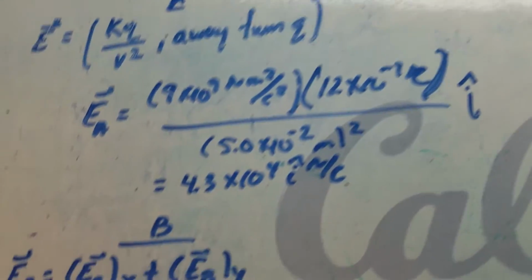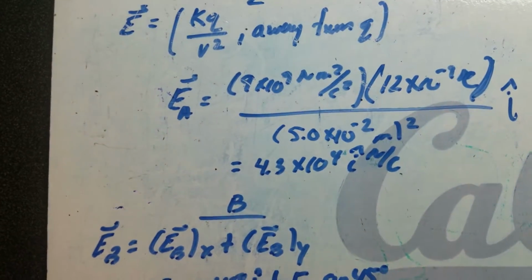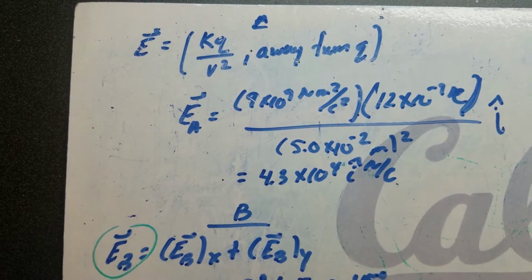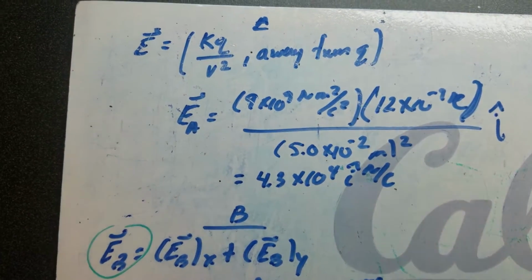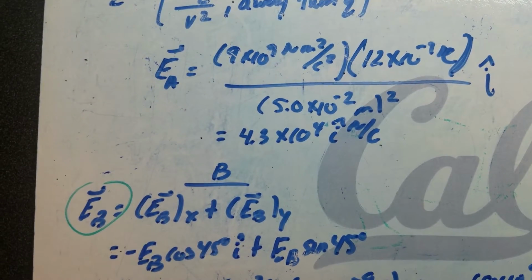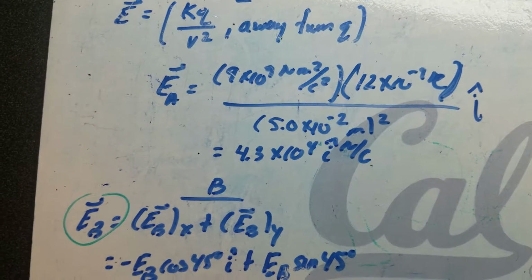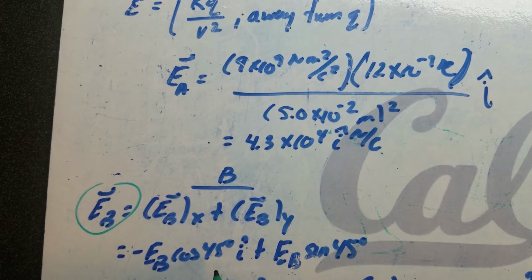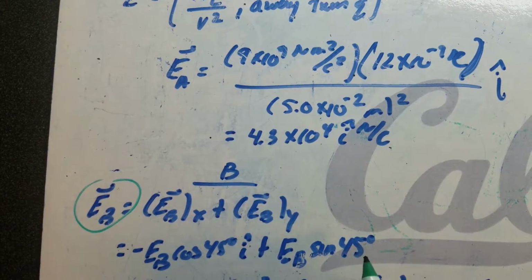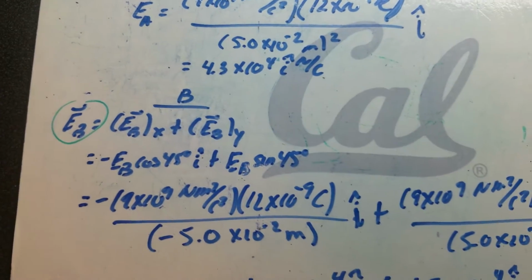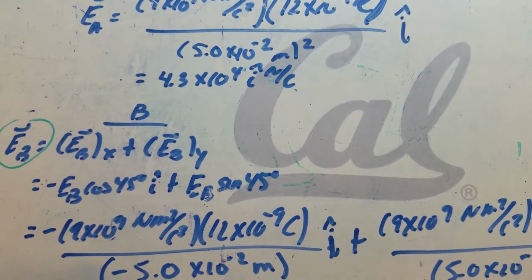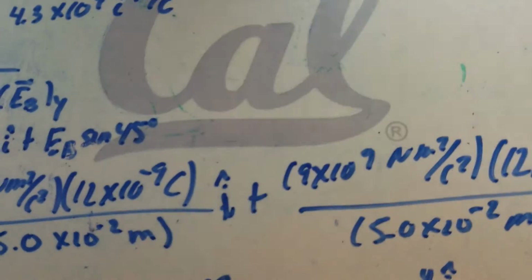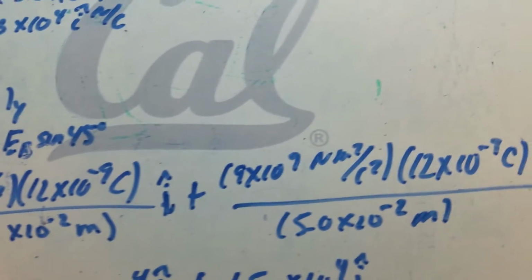In point B, we write our formula here: EBX plus EBY equals the total vector, the summation of these. Since we broke it apart, we now write it in vector component form: negative EB cosine 45 I plus EB sine of 45 degrees J. And then we plug in the formula with 9 times 10 to the 9, in the I direction and the J direction.